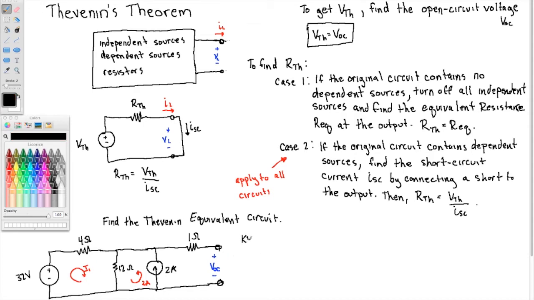So we'll do KVL around mesh 1. Okay, so I'll start here. I've got 4 ohms times I1 plus 12 ohms times, and I1 and 2 amps are going with me, so this is I1 plus 2 amps. Then that puts me down here.